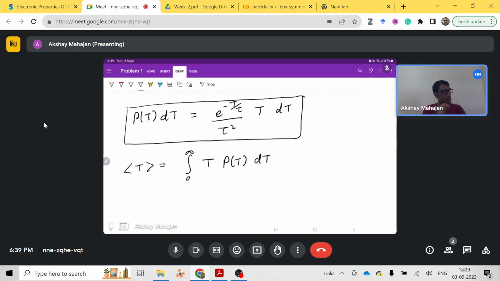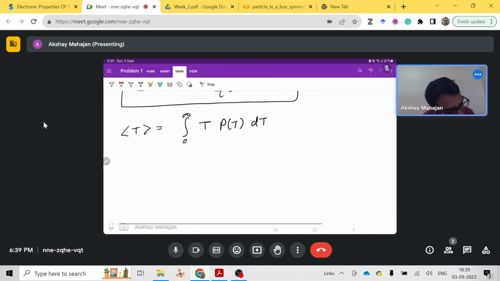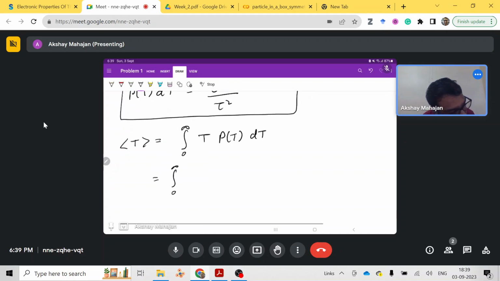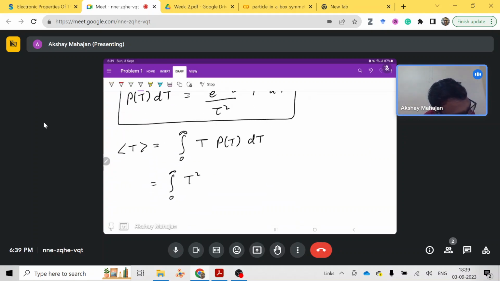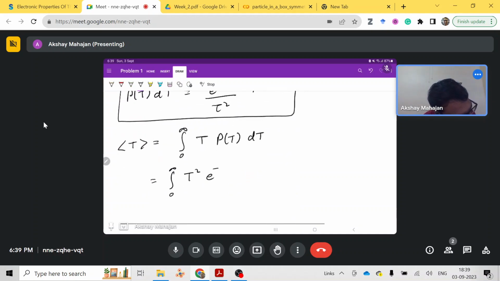We have to do T P(T) dT, so that will be equal to integral from 0 to infinity of T square e to the power minus T by tau, by tau square dT.